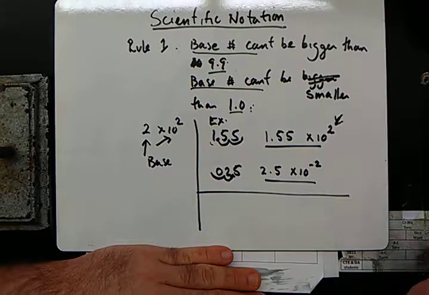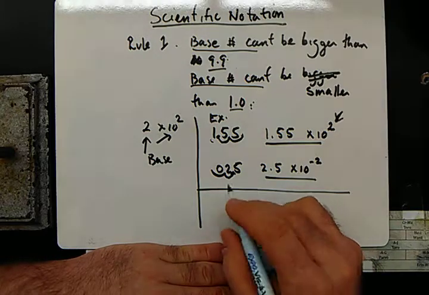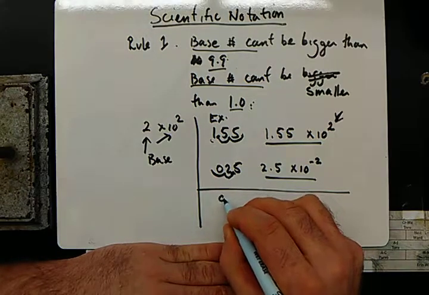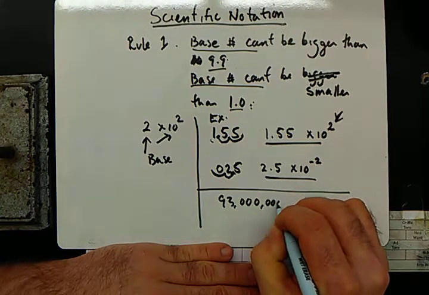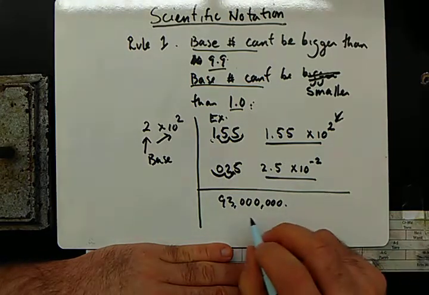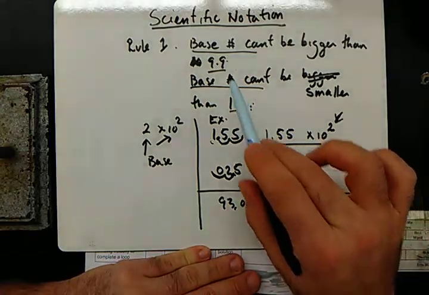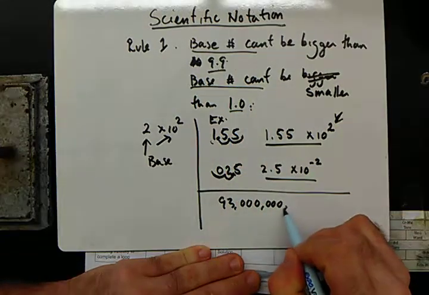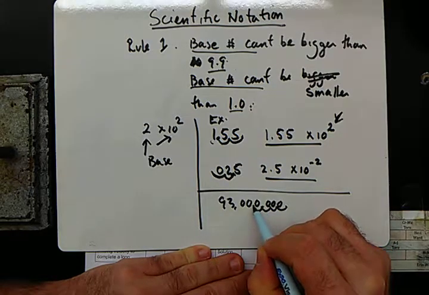One more example would be, let's just look at the number of miles to the sun. The sun is 93 million miles away. We got to get that into scientific notation. So again, the number is going to be between 1 and 9.9. So we move this decimal over once, twice, 3 times, 4, 5, 6, 7.